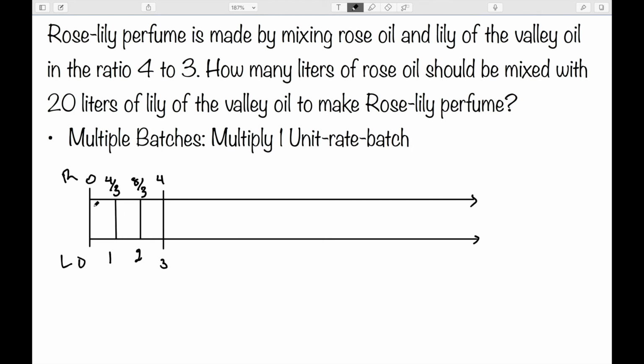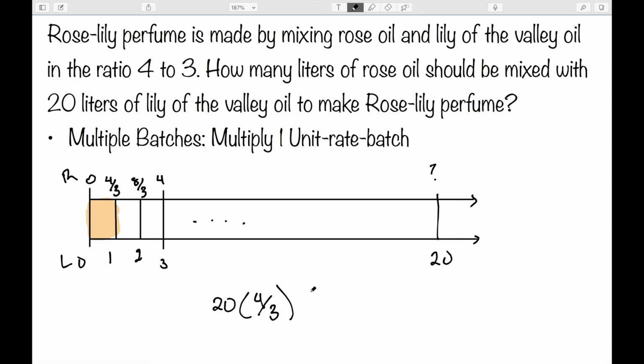So this is now 1 unit rate batch. I have 1 liter of lily oil, and eventually we need to get to 20. If 1 is 4/3, then we need to know how many 20 of those are. So 20 times 4/3.